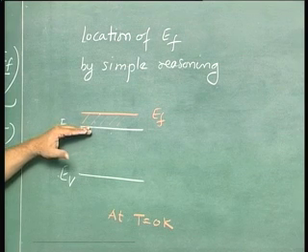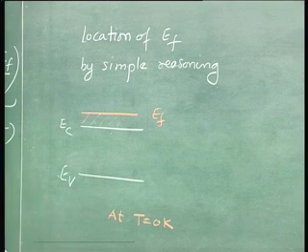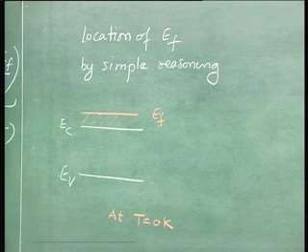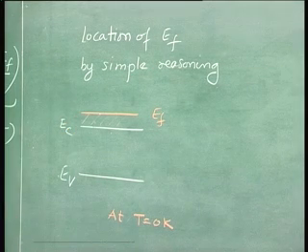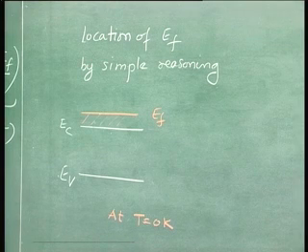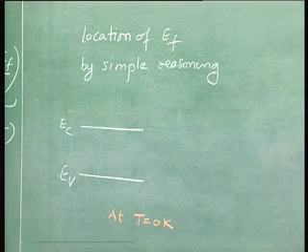So they must be occupied. So which means there must be conduction electrons at t equal to 0, which is not true. We know that at t equal to 0 there are no free electrons. So therefore your EF cannot be in the conduction band. Okay, so this means that EF cannot be more than EC.